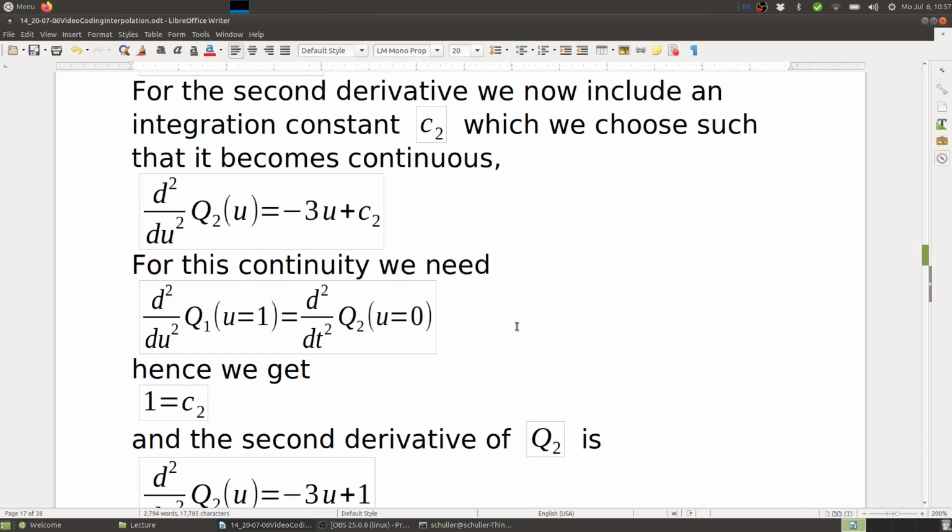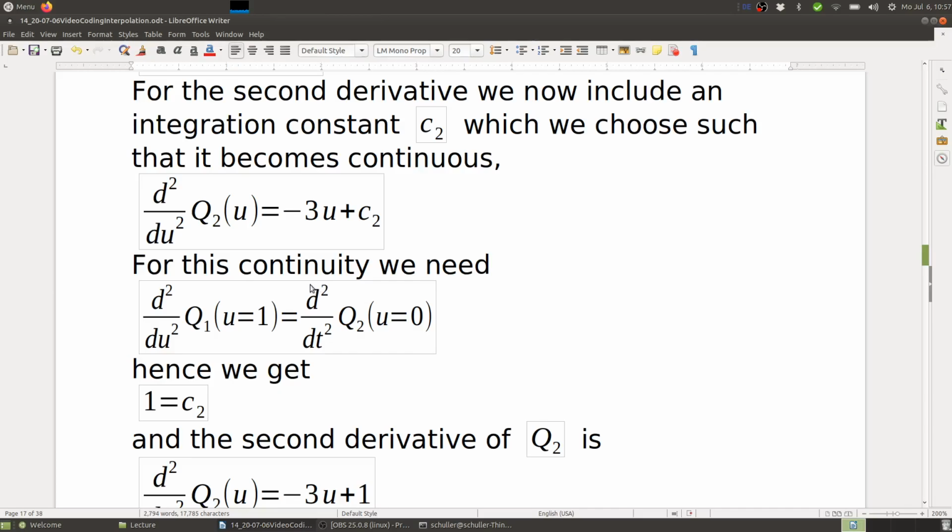Right? And for the continuity of the second derivative, we need that they have the same value on both sides of the boundary. So we know the second derivative of Q1 at u equals 1, which is 1.